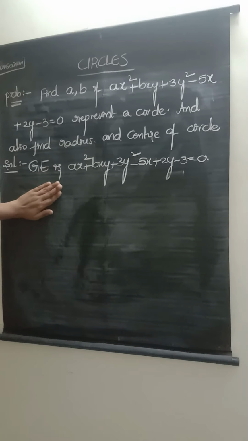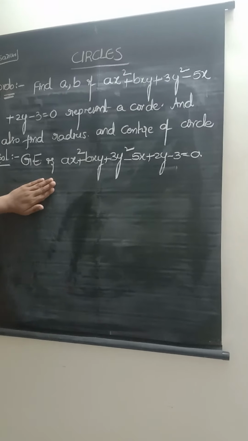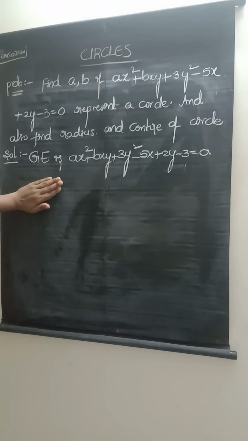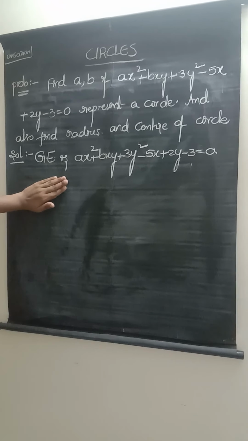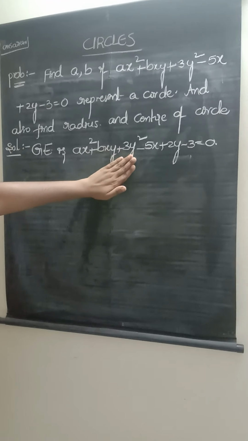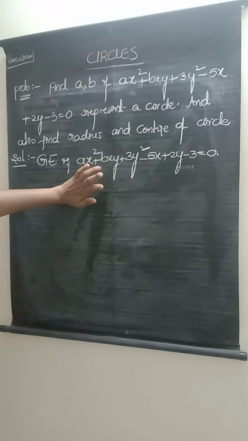Given that it represents a circle, what is the condition for the equation to represent a circle? The x² coefficient equals the y² coefficient, and the xy term is equal to 0.